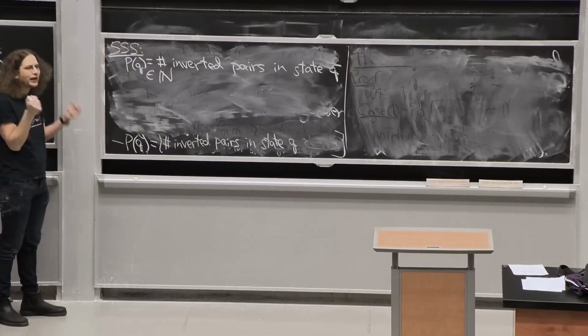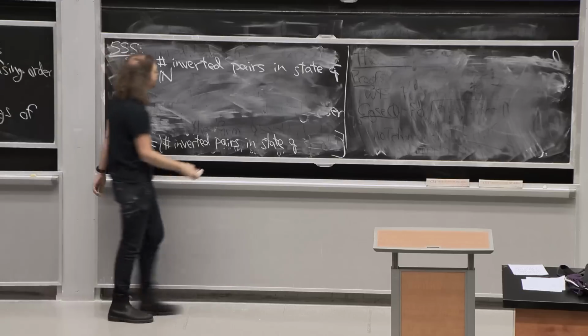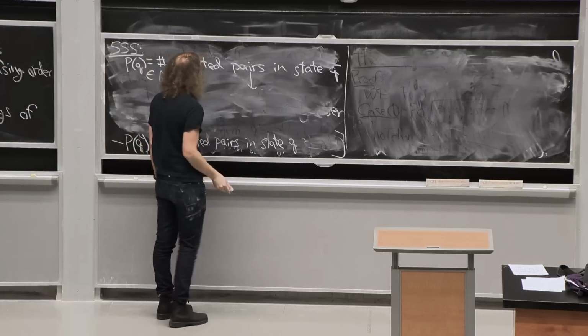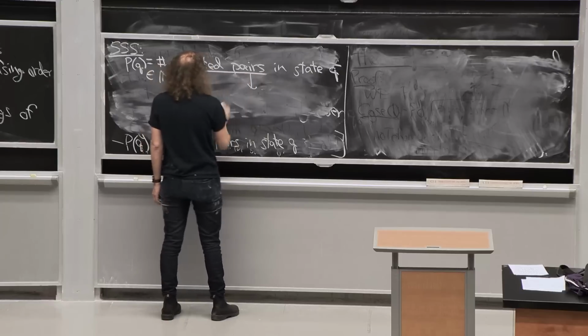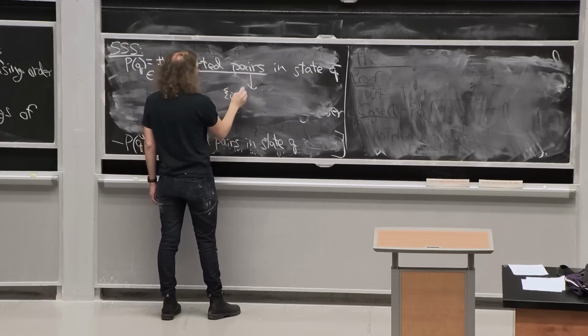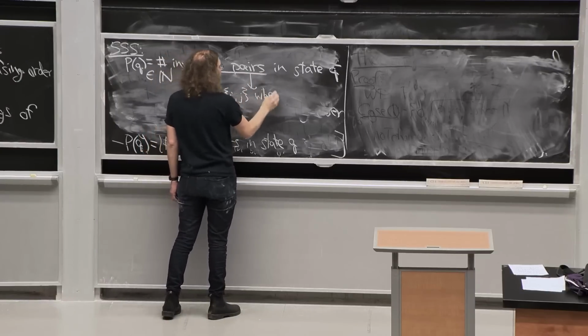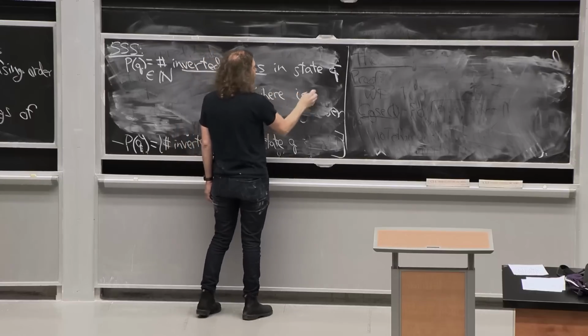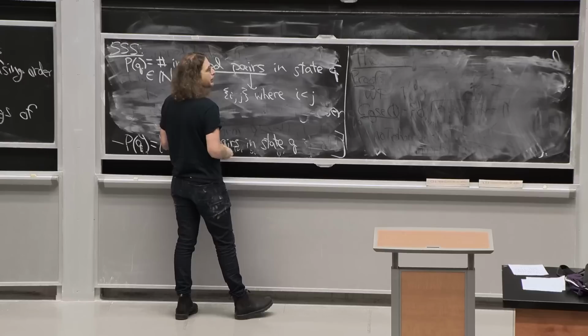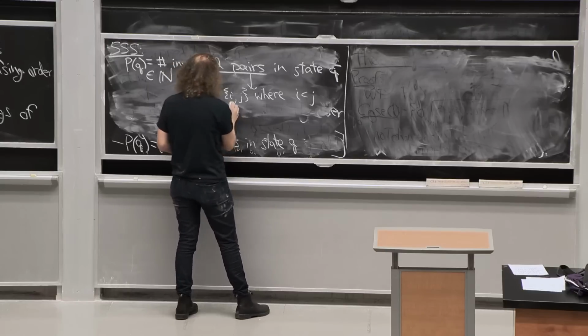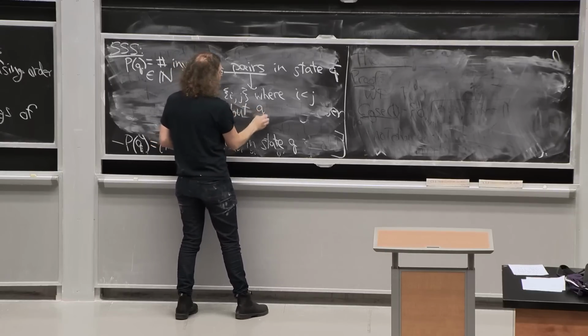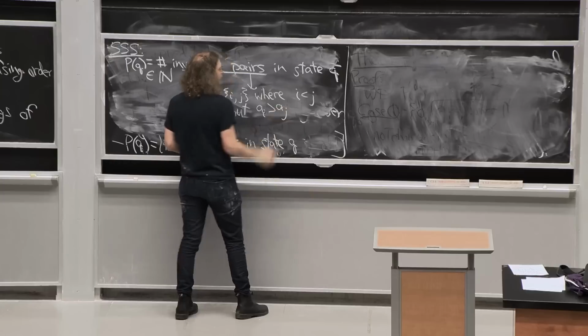It was a set ij. Oh, maybe I need to redefine this a little bit. It's no longer a reading order. So what is an inverted pair? This is ij, where i is less than j, but ai is greater than aj.